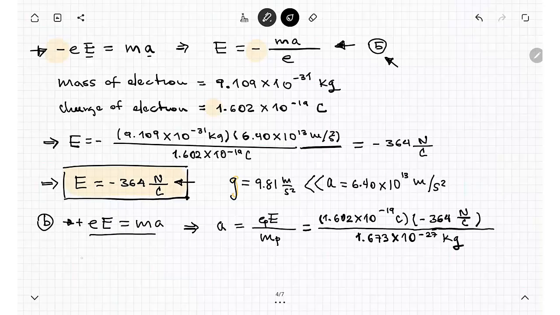Okay, and the result of this acceleration will be minus 3.49 times 10 to the 10 power meters per second squared.